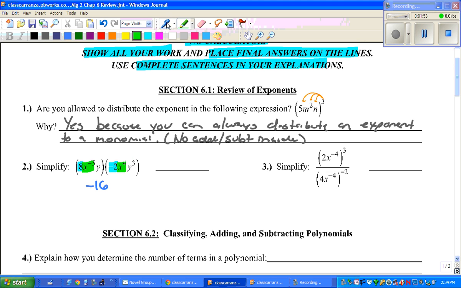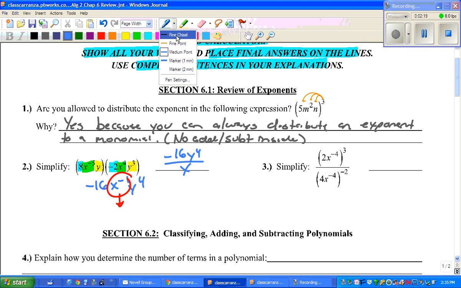Combine your x's, x to the negative first, and now combine your y's, which gives you y to the fourth. Remember, if your exponent's negative, you drop it. So our final answer is negative 16 y to the fourth over x.